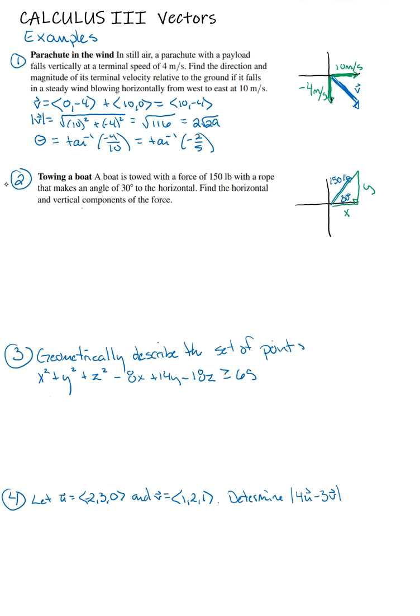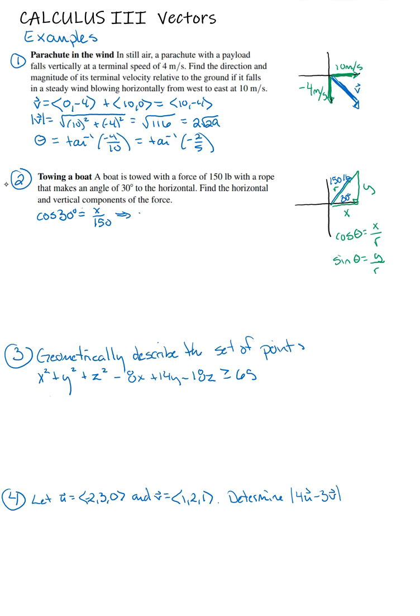Recall that the cosine of our angle is x over the hypotenuse. I'll call that hypotenuse r. And the sine of our angle is y over the hypotenuse. Again, so y over r. Okay, so that means the cosine of 30 degrees is x over 150.